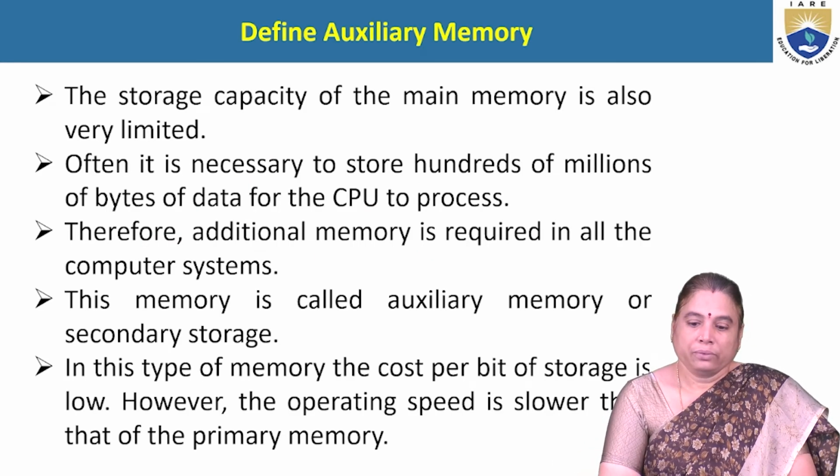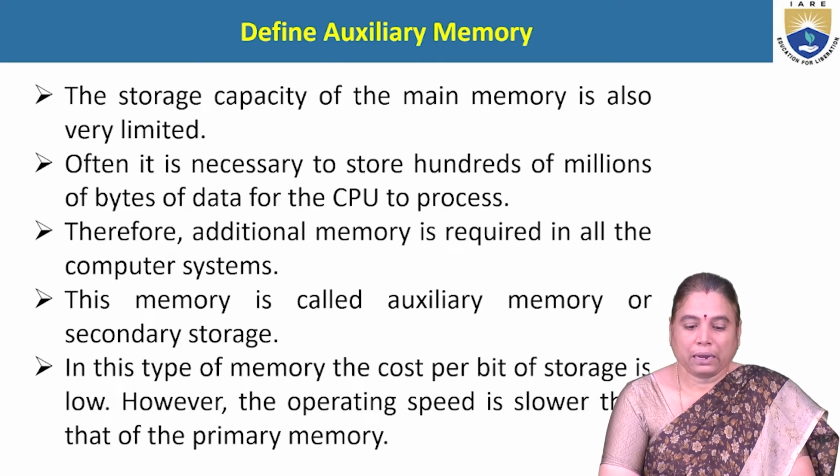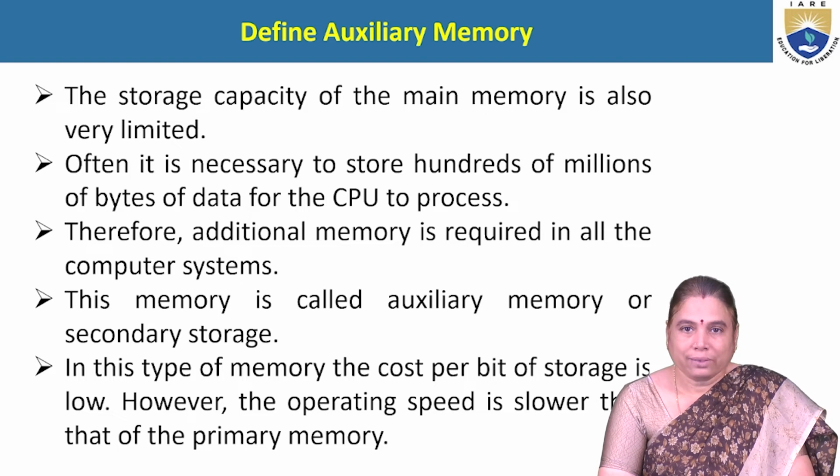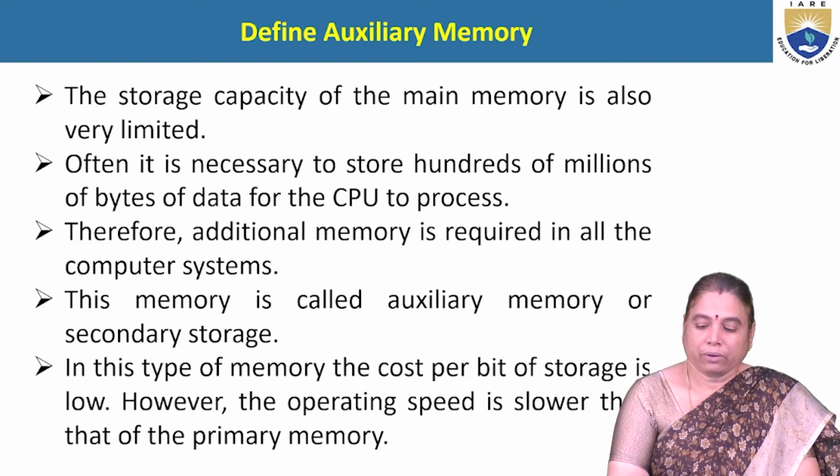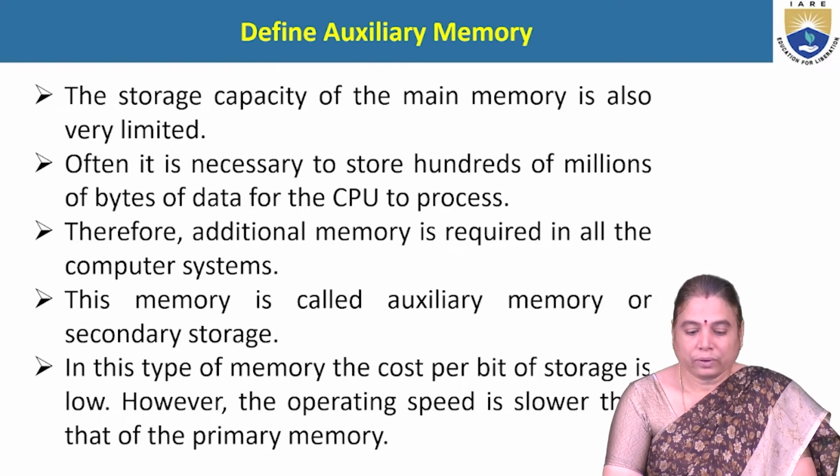The next term is define auxiliary memory. The storage capacity of the main memory is also very limited. So often it is necessary to store hundreds of millions of bytes of data for the CPU to process. Therefore, additional memory is required for computer systems.